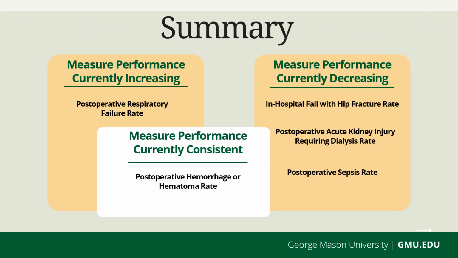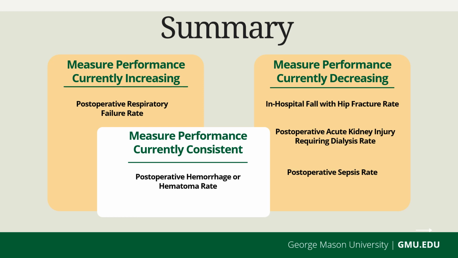In conclusion, Hackensack University Medical Center exhibits a concerning rise in the post-operative respiratory failure rate. However, positive trends are evident in metrics such as in-hospital fall with hip fracture rates, post-operative acute kidney injury requiring dialysis rate, and post-operative sepsis rate.